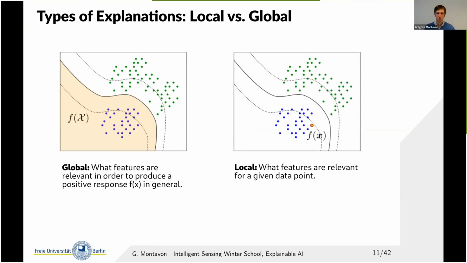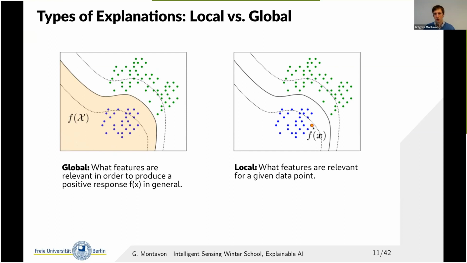Regarding local versus global, this is the idea. So you have some input domain. Maybe you have some different classes. Let's say class 1 is in green, class 2 is in blue. In the case of a global explanation, you will try to characterize this whole domain in which the neural network reacts in a certain way.